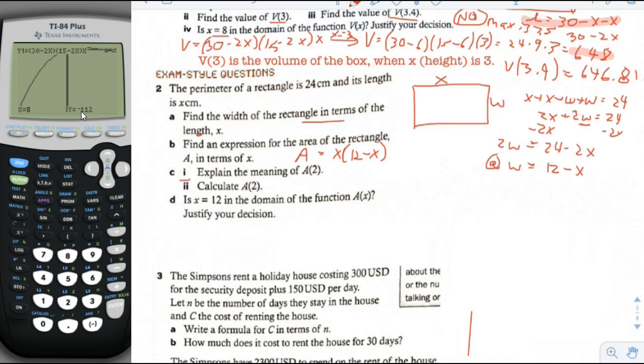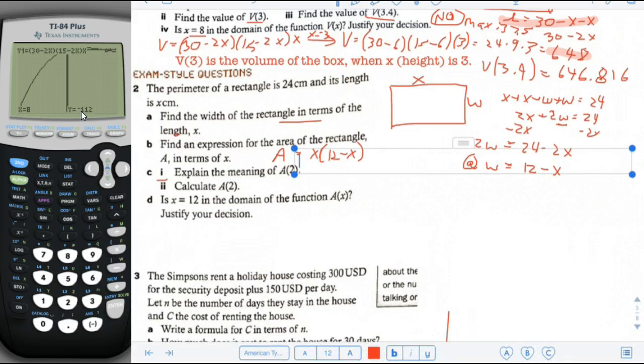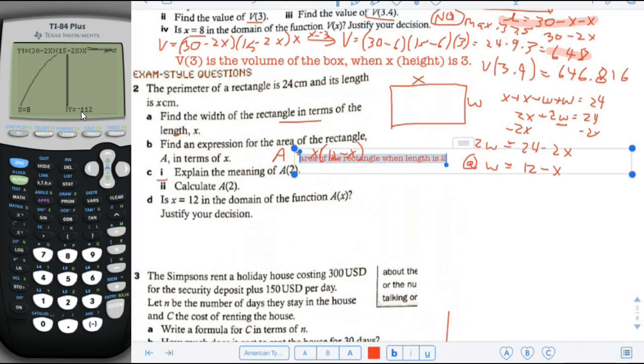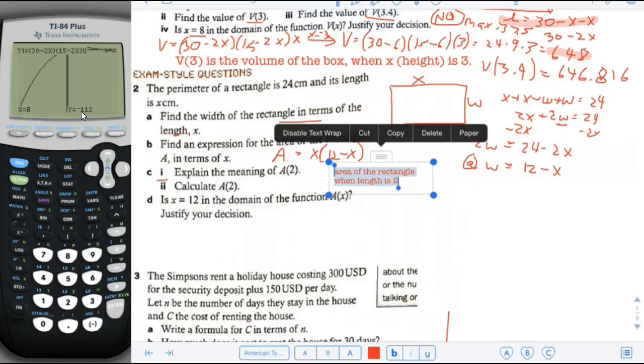Okay, so that would be the area of the rectangle when length is 2. So I'm just going to make this a little smaller. Right there. Okay, and then calculate A with input of 2.